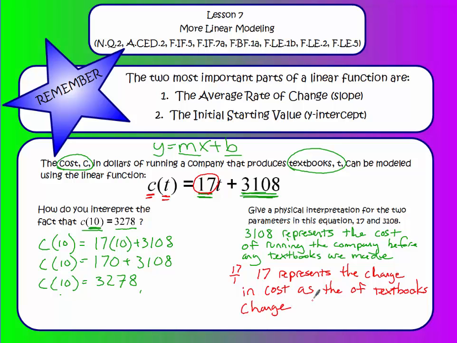Okay, it is the rate of change. All right, so these are our two parameters, the starting value and the slope or the rate of change. Okay, and that's what these things mean.